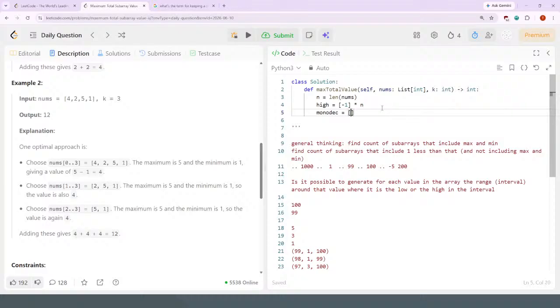I want to say it's going to be like -1, -1 as the initial stack.